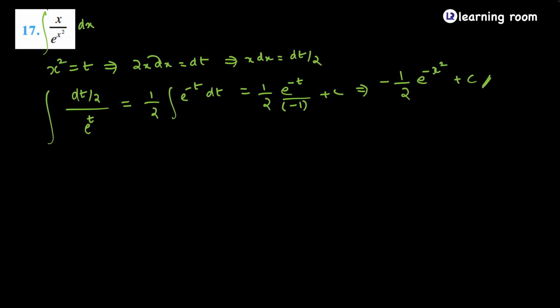This will be the answer. So either you can write it as minus half into e power minus x square or minus half e power x square. Both are same. So either this format or this format should give you the same result, right? They both are same.